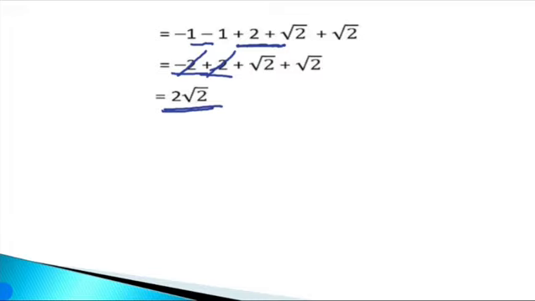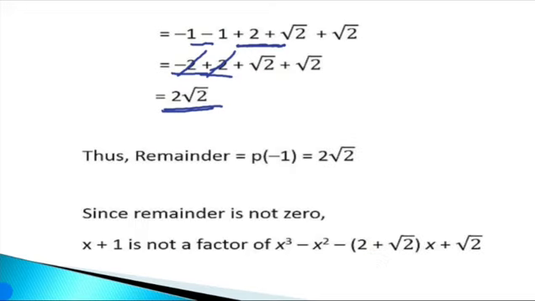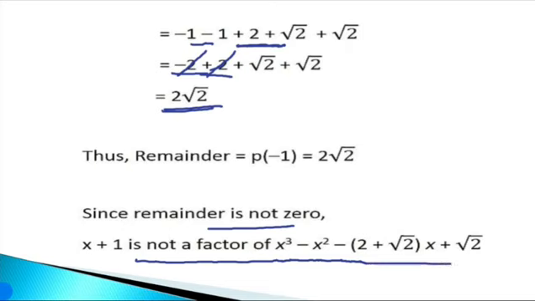Then we can say that remainder is not 0. x plus 1 is not a factor of x cube minus x square minus of 2 plus root 2 into x plus root 2. So this is the solution of sub question 4 in problem 1. I hope everyone understood well.